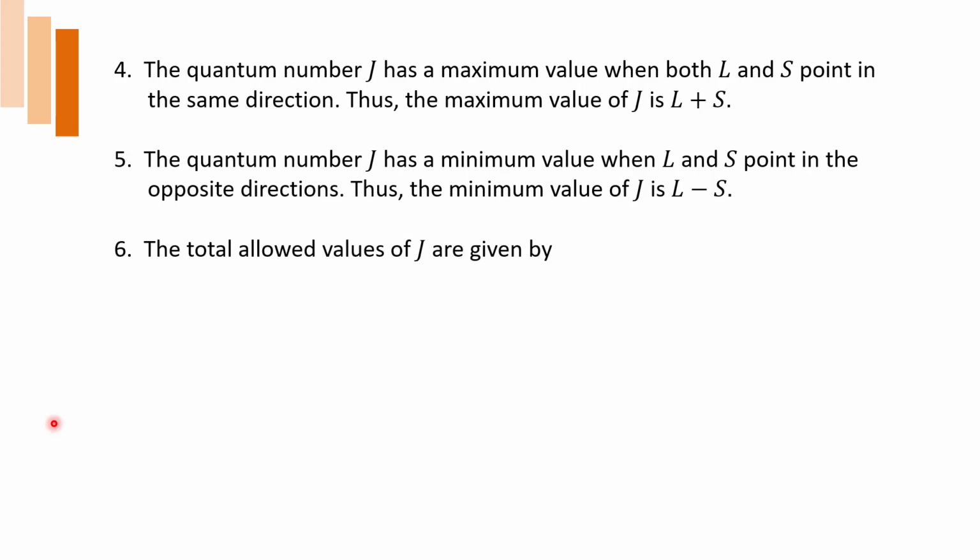The allowed values of J go from J max, J max minus 1, down to J minimum. So if you have, say, 4, then you can have 3, 2, 1, and so on. They are the possible values of J. In terms of L and S, you have L plus S, L plus S minus 1, down to the modulus of L minus S.